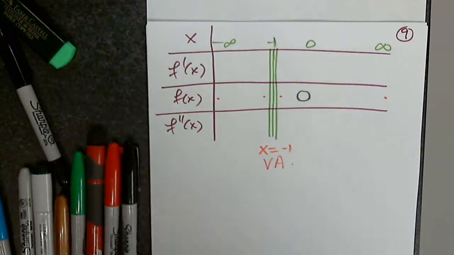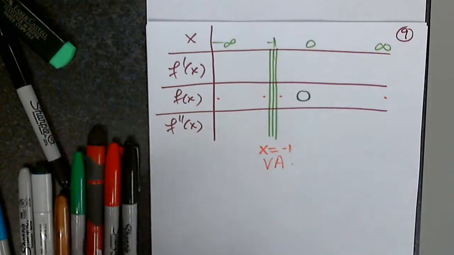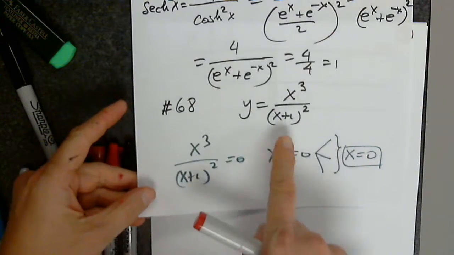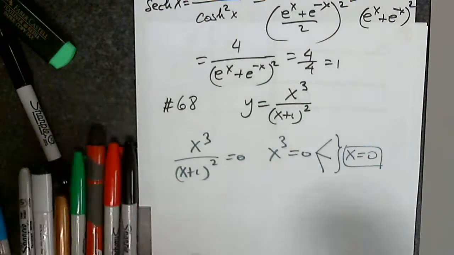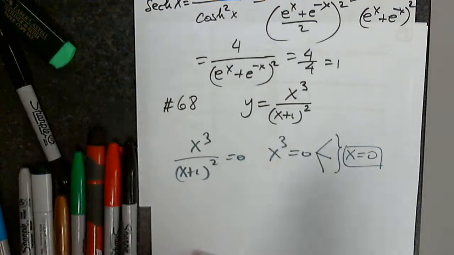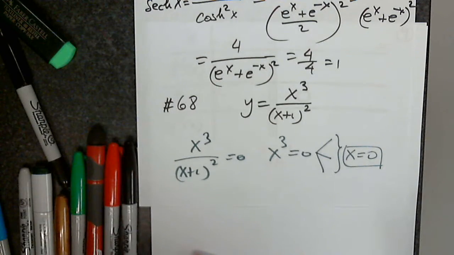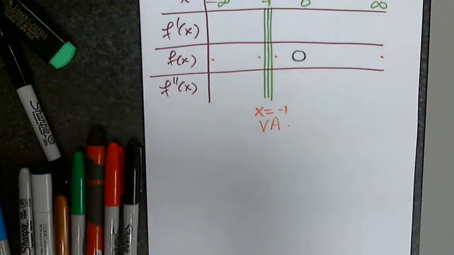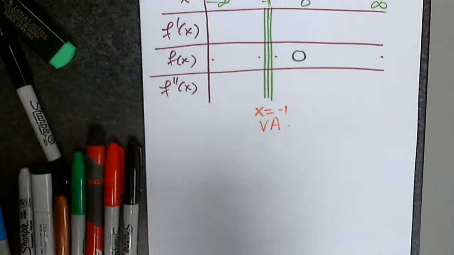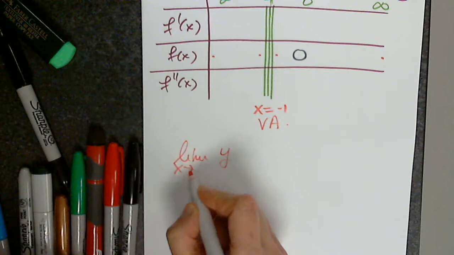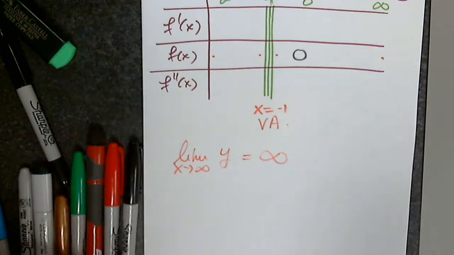So now, when x approaches infinity, which of these two, top or bottom, will be the strongest? Top. When x approaches infinity, then the limit of this function will be infinity. The bottom is always positive. Very good. So limit of y as x approaches infinity equals infinity.